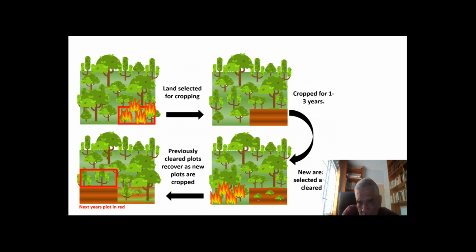You slash and burn an area, grow crops, then you go to a next area, grow crops, and you eventually end back where you started. If it's non-rotational, it's very similar, except you never return to where you were to begin with.